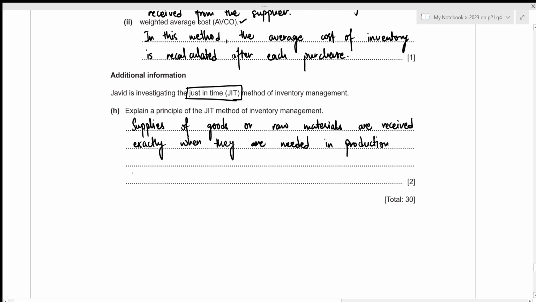And no inventory needs to be stored beforehand. Alright, that's all for the eighth part of this question as well as this entire question.